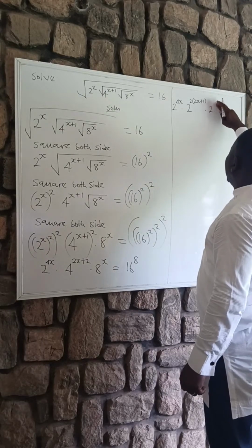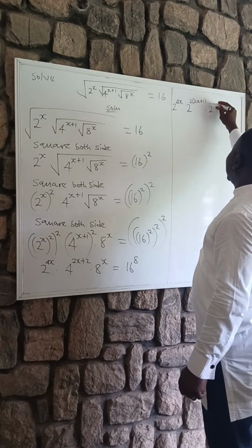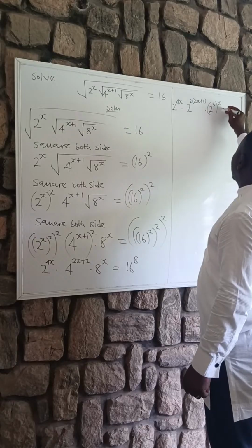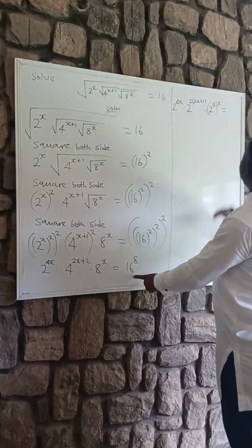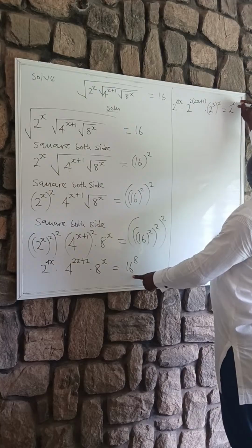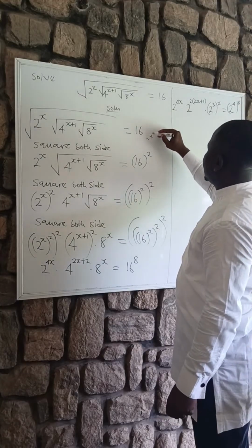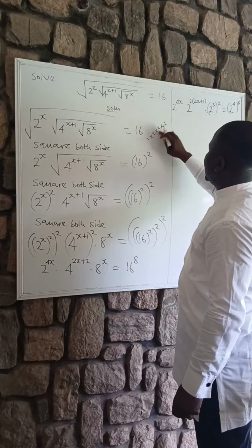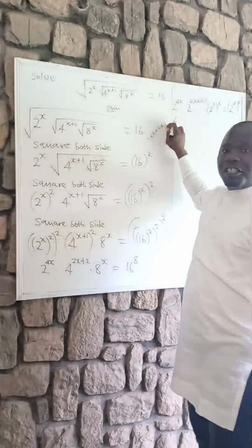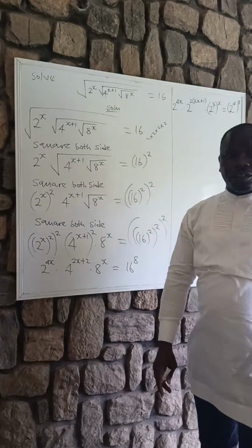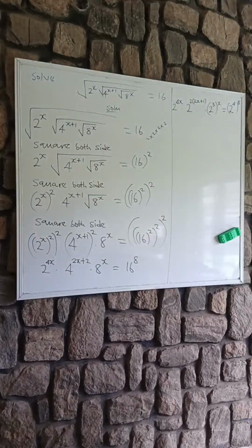Then here is 2 raised to the power of 4 open bracket 8, because 2 times 2 times 2 times 2, 2 times 2, 4 times 2, 8, 16. So 2 raised to power 4 is 16. Already we have 8 here. Any question?